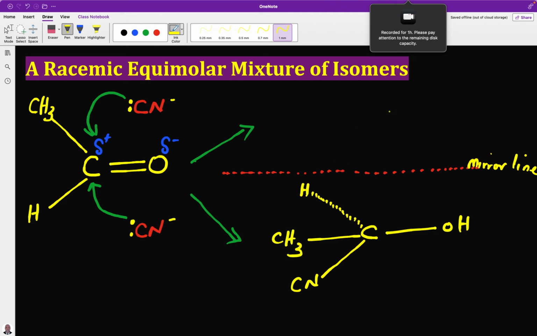Here we can see the same carbon, OH, and the CN.